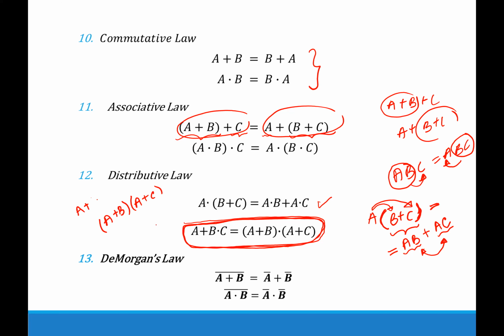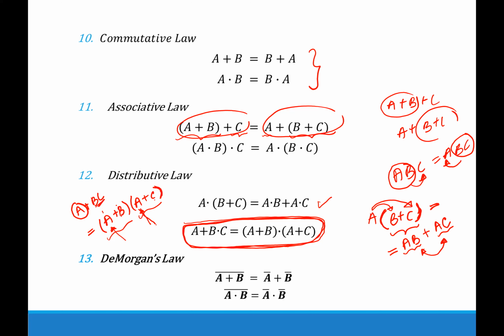Now here we have A plus BC. We can change this one into a multiplication. We converted that into a multiplication. Here we have two factors. The first factor, here we have A plus B, and the next one, here we have A plus C. In both cases, we have A, so the first term is equal to A, and we split this BC into two factors like this.